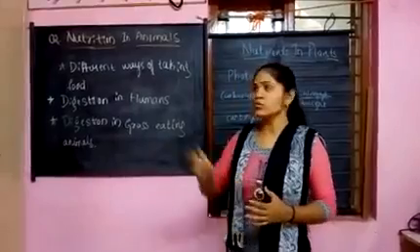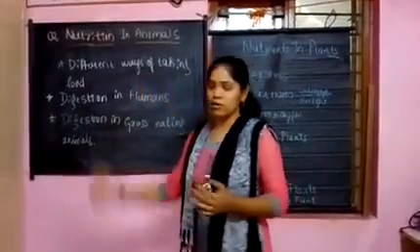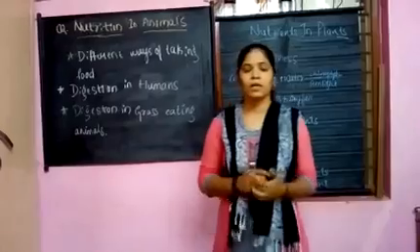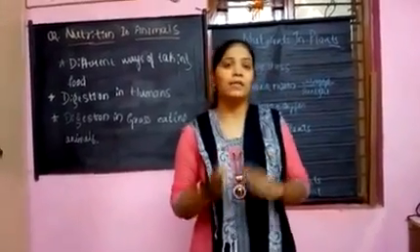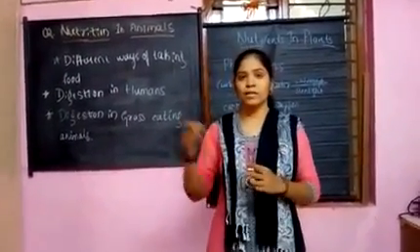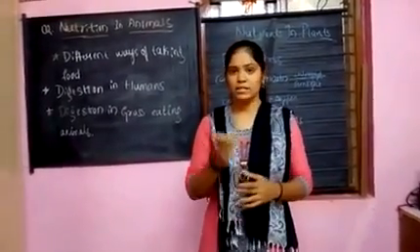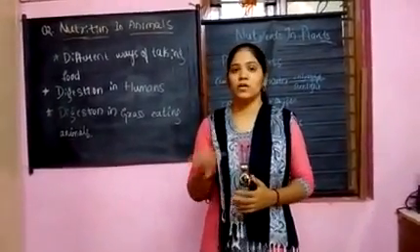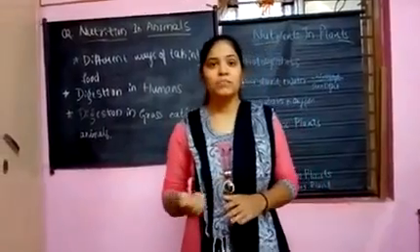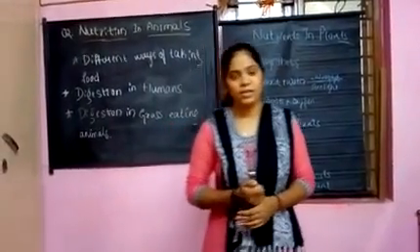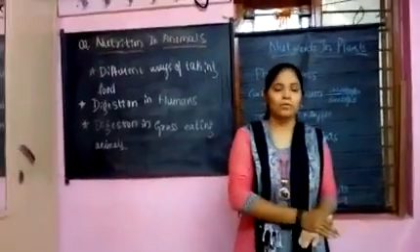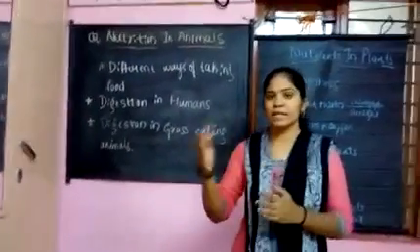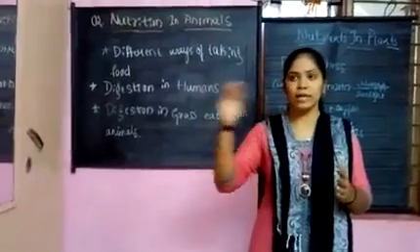Okay, so firstly, different ways of taking food. Animals either directly eat the plants or indirectly depend upon the plants. As I told in the first class about how they prepare their food, human beings or animals directly eat the plants, which is a direct method.